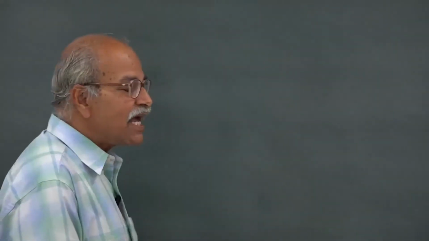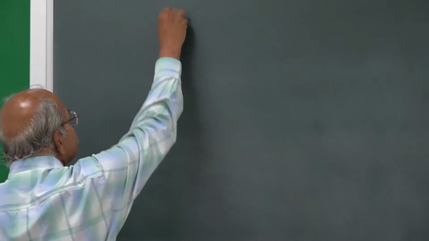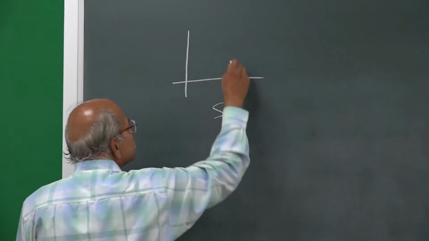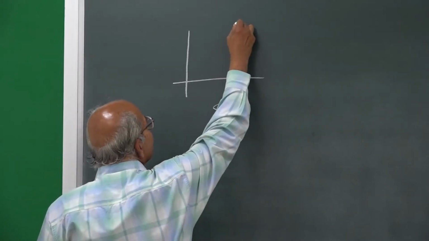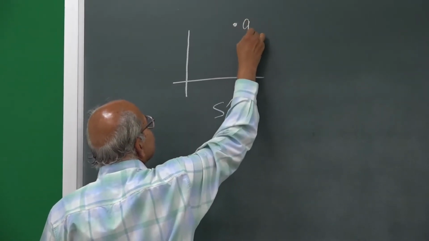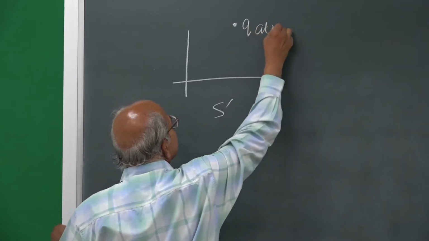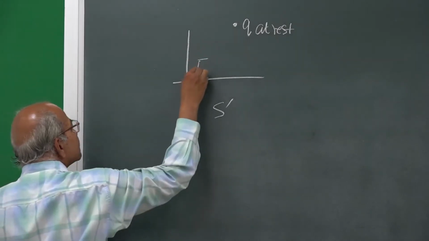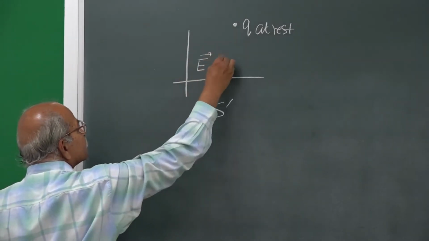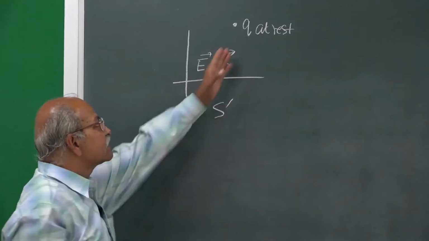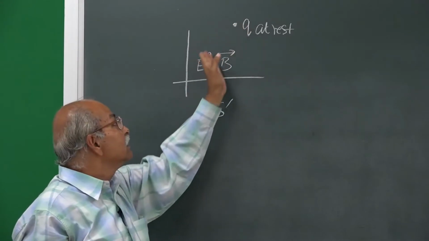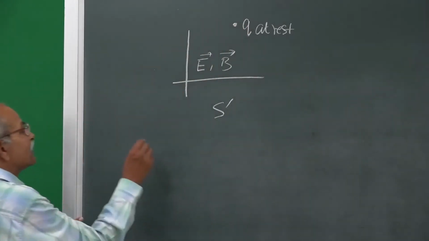So, let me start with frame S prime. Suppose I have a frame S prime, and in this S prime frame we have a charged particle q at rest. There could be some electric field here, some magnetic field here in this frame. Since it is at rest, magnetic field will not exert any force. You only have the force due to electric field.